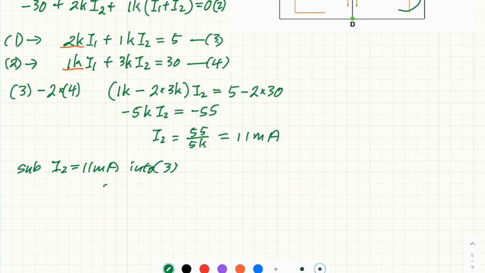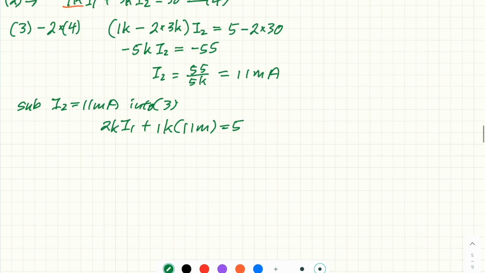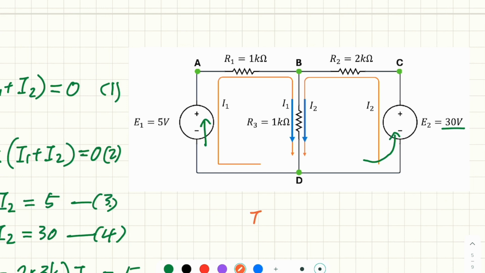So we have 2K I1 plus 1K times 11M equal to 5, and we have 2K I1 equal to minus 6, and I1 equal to minus 3 milliamp. So I1 is minus 3 milliamp.